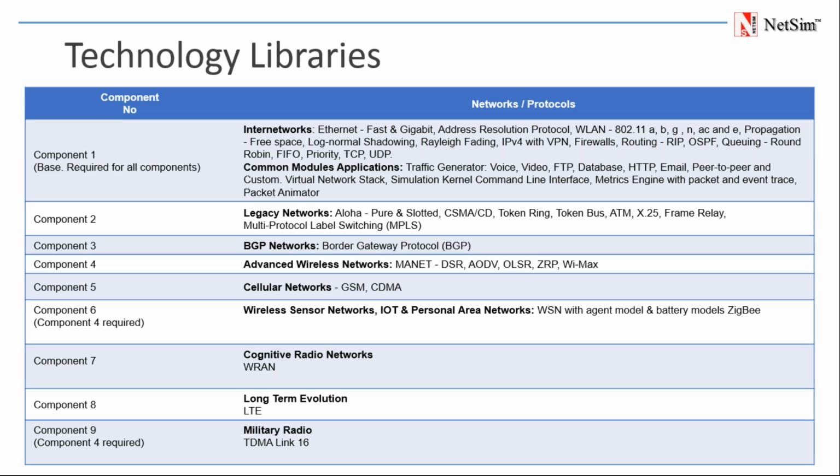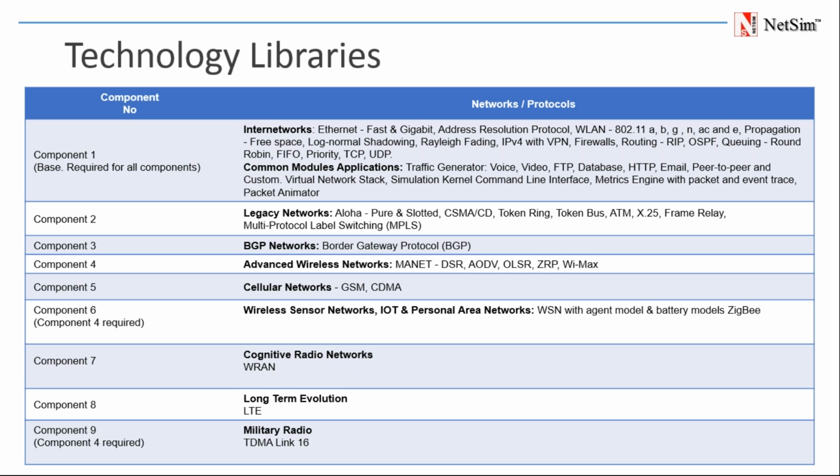Similarly, component 2 consists of networks based on legacy networks. Then component 3 is Border Gateway Protocol, the BGP network. Then component 4 has advanced wireless networks, that is MANET and WiMAX. MANET works on these four protocols: DSR, AODV, OLSR, and ZRP. And component 5 has cellular networks, which consist of GSM and CDMA.